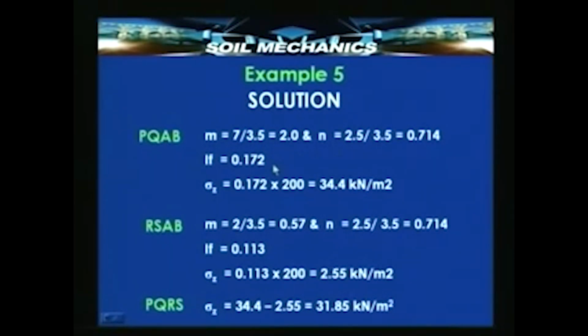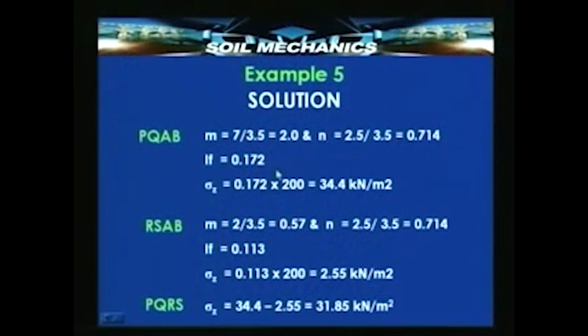determine the influence coefficient from the influence coefficient table, because the influence coefficient table that we use for rectangular areas have m and n values ranging from 0 to infinity, and therefore, they cover the entire range of m n values that are feasible or practicable. Here therefore, there is no problem in determining influence coefficient for any value of m and any value of n lying between 0 and infinity.